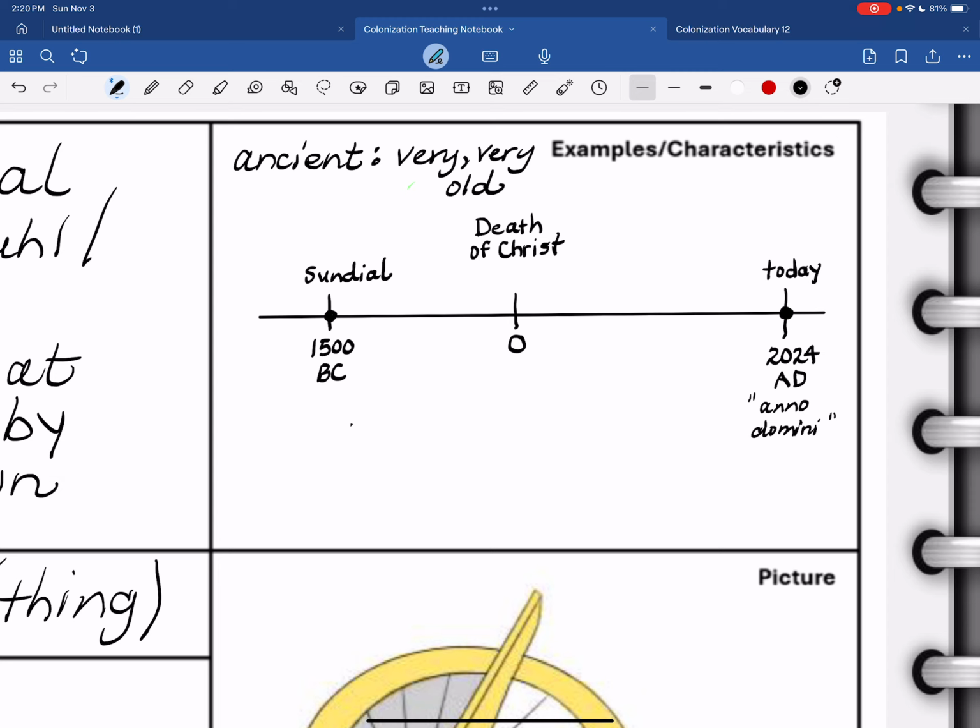So the death of Christ was a significant event that divides BC from AD. And just to put in perspective for you, Christopher Columbus sailed in 1492 AD.